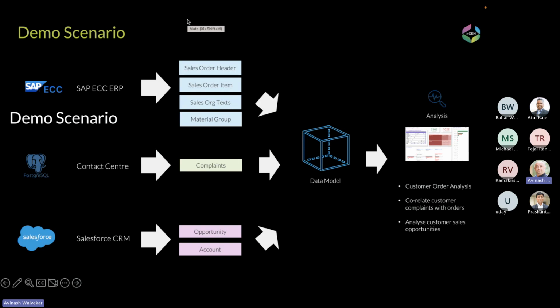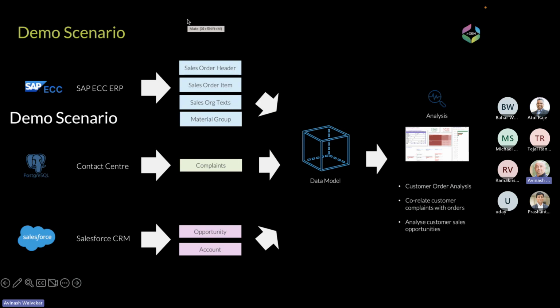We have used a local database, Postgres, and we have used a cloud CRM, Salesforce, in the demo. The reason for doing this is that it is a very typical scenario. The ERP may not be ECC, it may be something else, and generally these are on-prem or on cloud. SAP also offers the HANA flavor on the cloud, for instance.